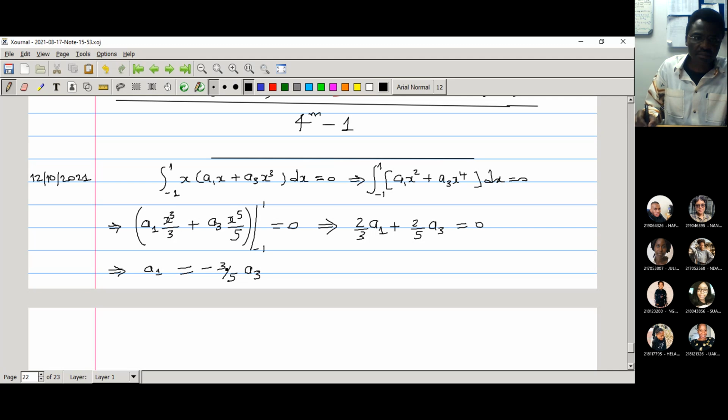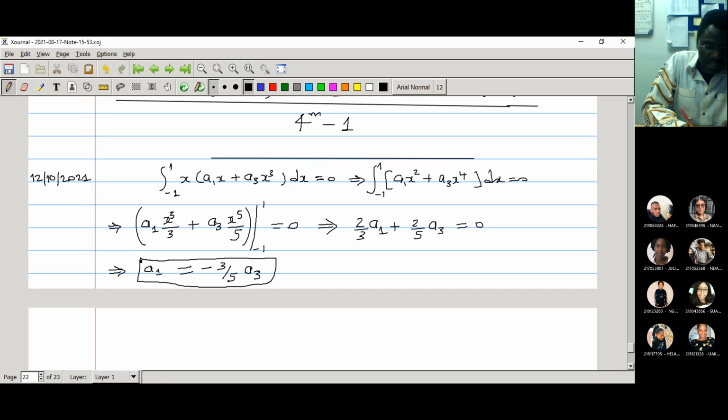So they are dependent on each other. So the formula that we obtain is A1 is -3/5 A3. We can write one in terms of the other.